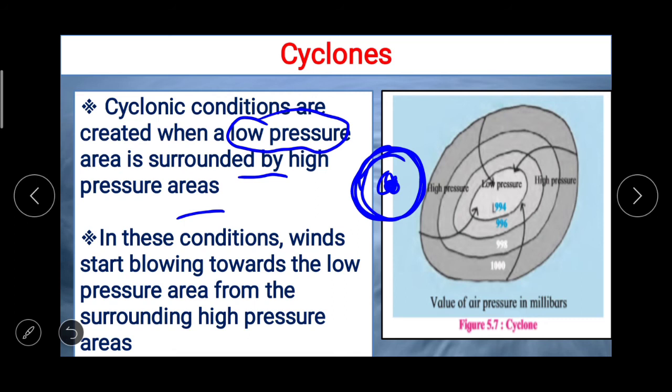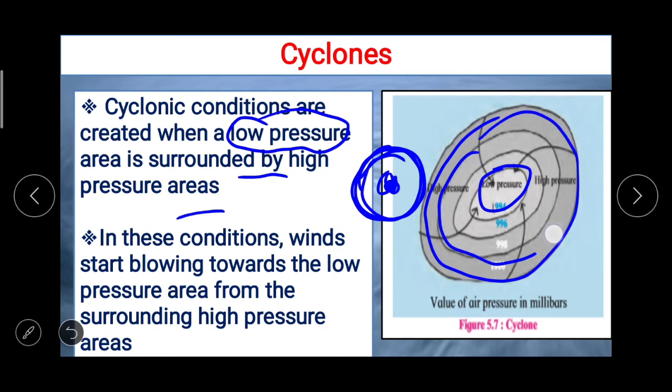Now here in figure 5.7 you can easily observe and understand this. Here this one low pressure area is surrounded by high pressure area. All this is high pressure and this is low pressure. So you can see in the figure that air or the wind starts blowing towards the low pressure area, and which causes formation of cyclone.